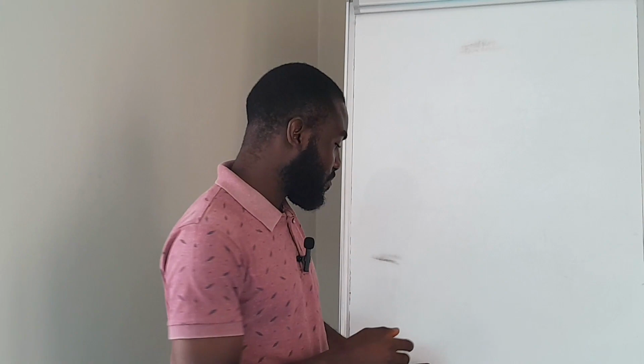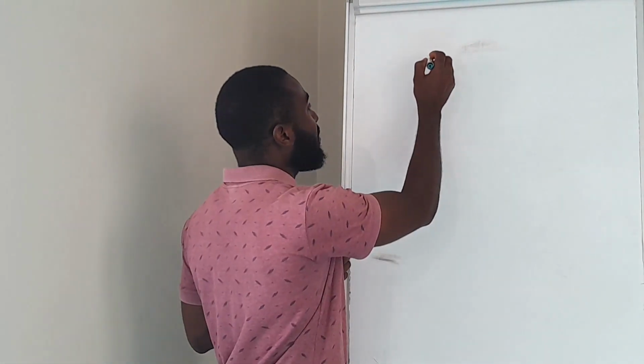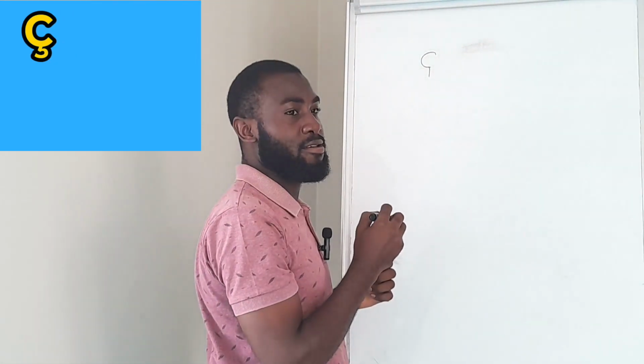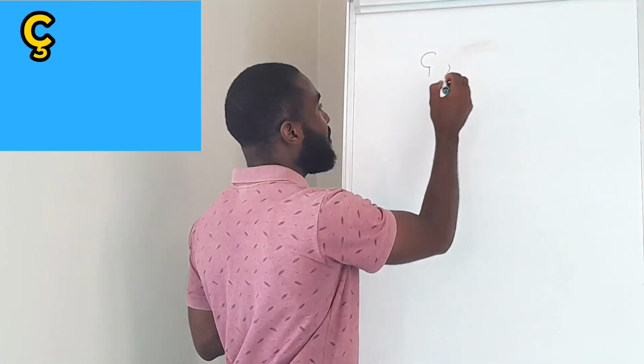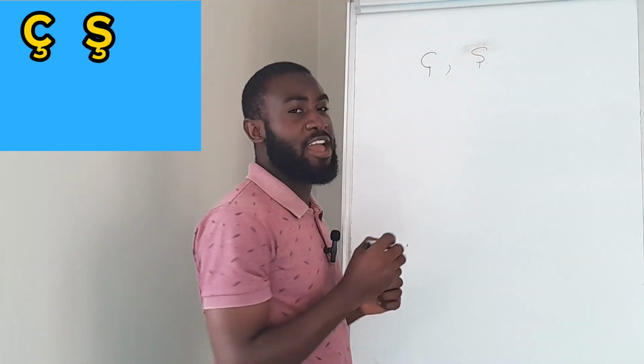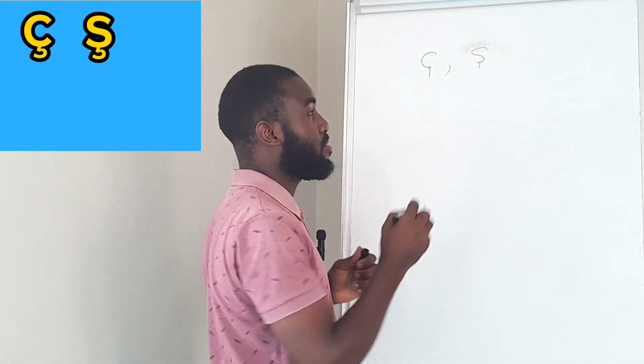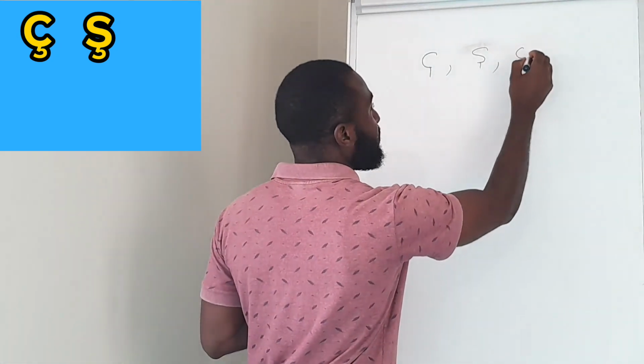The Turkish alphabet is a modified version of the Latin alphabet. I use the word modified because the Turkish language has some unique sounds that are represented in the alphabet. For instance, we have chair, chair. We also have share, share.